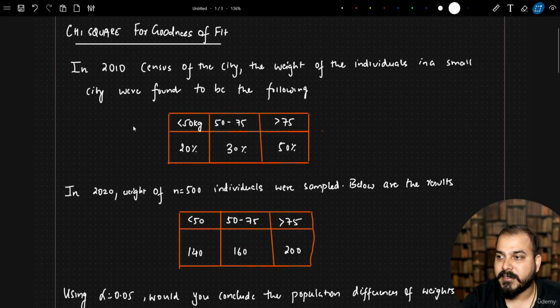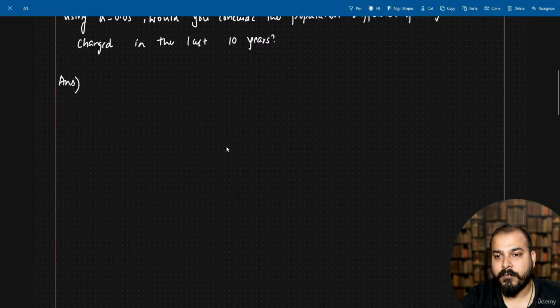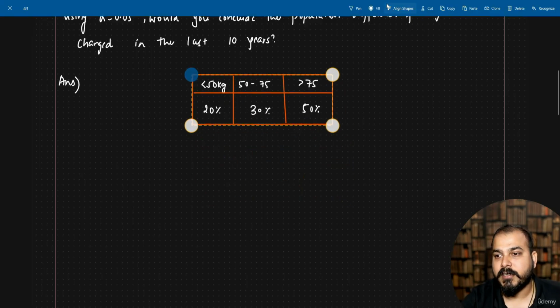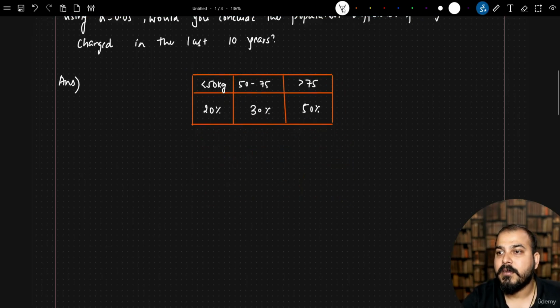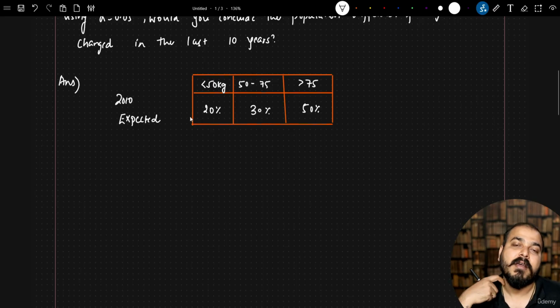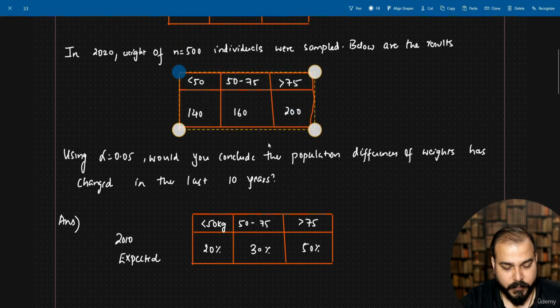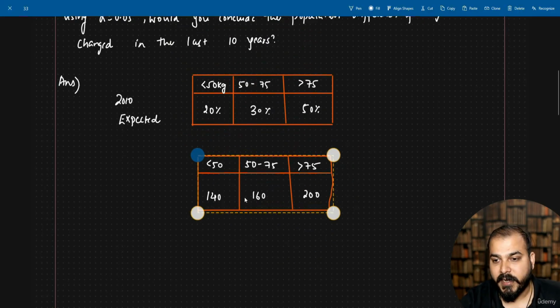First of all, I will take this data. This is my 2010 data. So let's write it down over here. This is nothing but my 2010 data, and this data I will say as expected data. This is the original data or population data that we have. Now coming to the next one, which was this sample data, we usually say it as observed data.